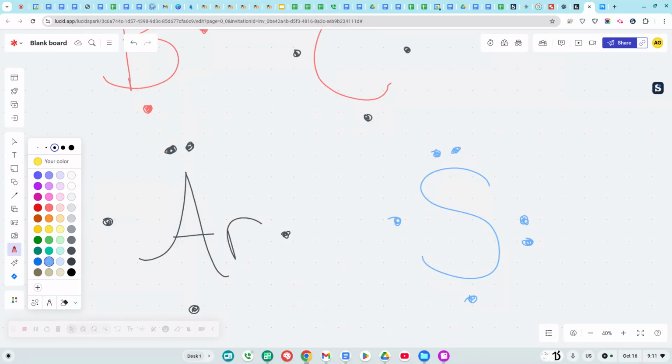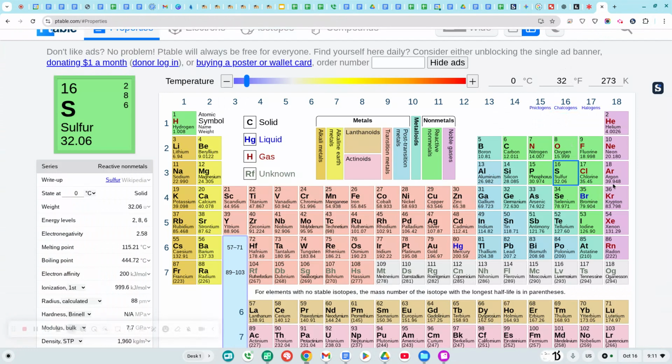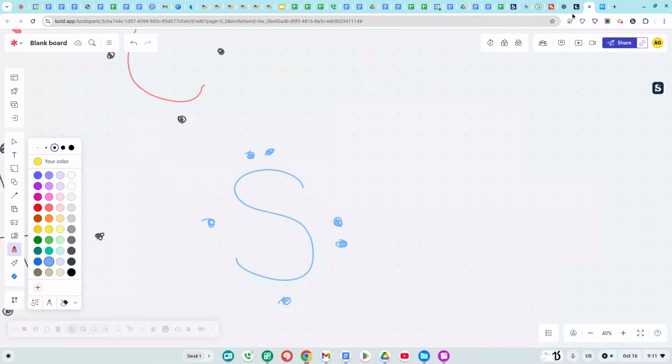I know my electrons don't do a good job of coloring in. Now let's do one that has 7. We'll do bromine. So bromine, 1, 2, 3, 4, 5, 6, 7.